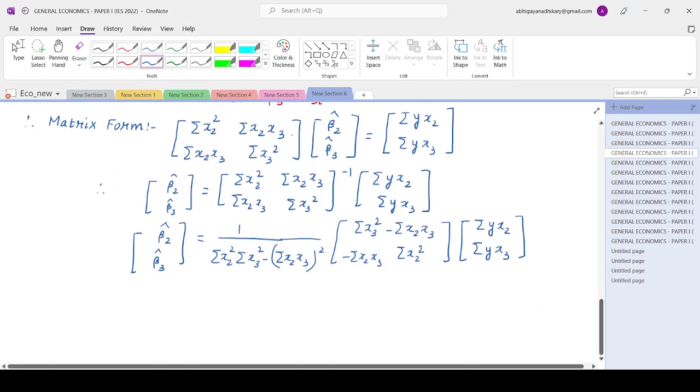Okay, therefore now doing the multiplication. So what is beta 2 hat and beta 3 hat over here?